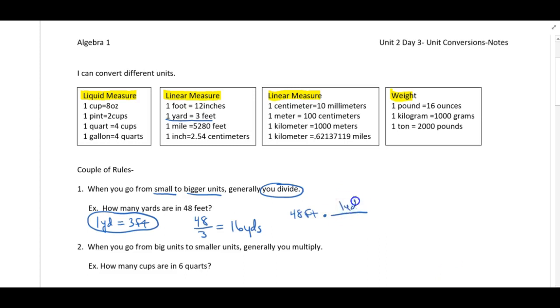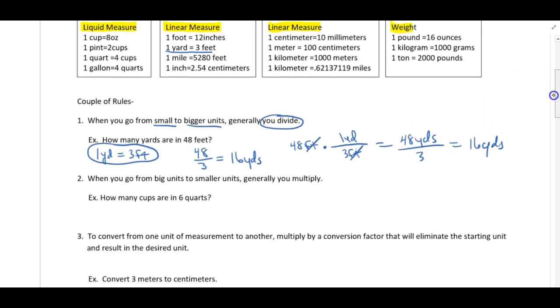So 1 yard is equal to 3 feet. Now I get feet canceled out. And if I multiply across, 48 times 1 is 48 yards divided by 3 gives me 16 yards. Okay? And that's why we end up dividing.